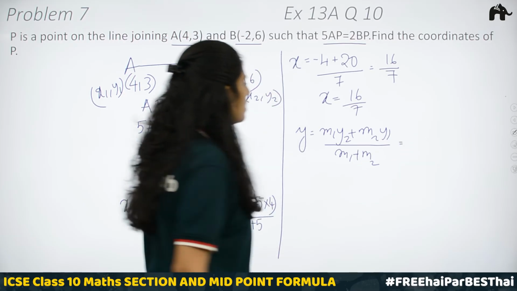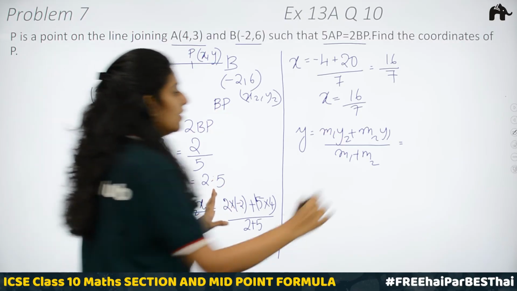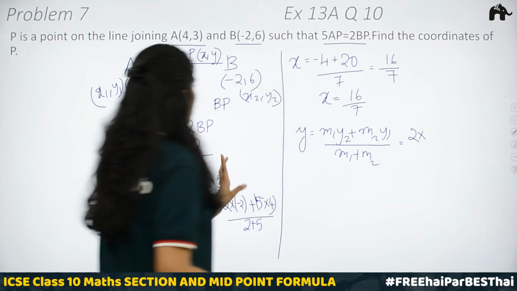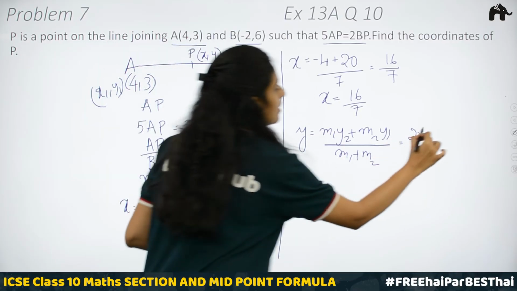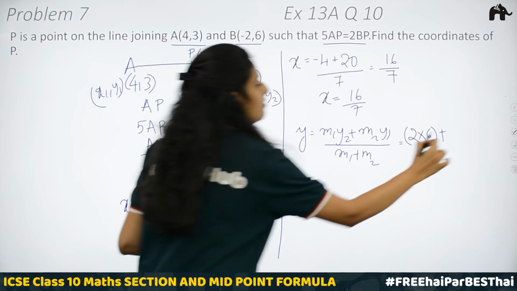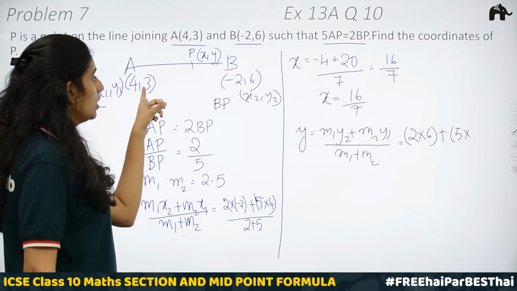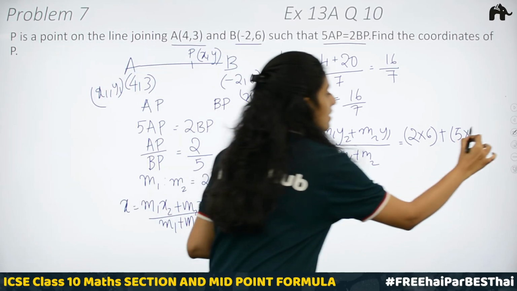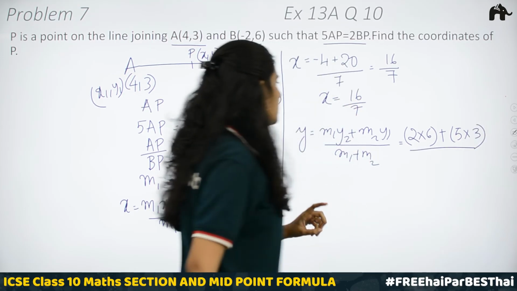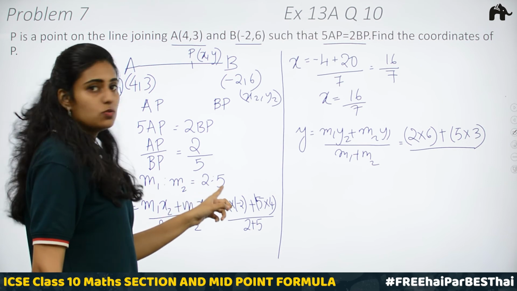Now, put the values. What is m1 here? m1 is 2 and m2 is equal to 5. 2 into y2. y2 is 6. Plus m2 y1. m2 is 5 into y1 is equal to 3, divided by m1 plus m2. Here m1 is equal to 2 and m2 is equal to 5.